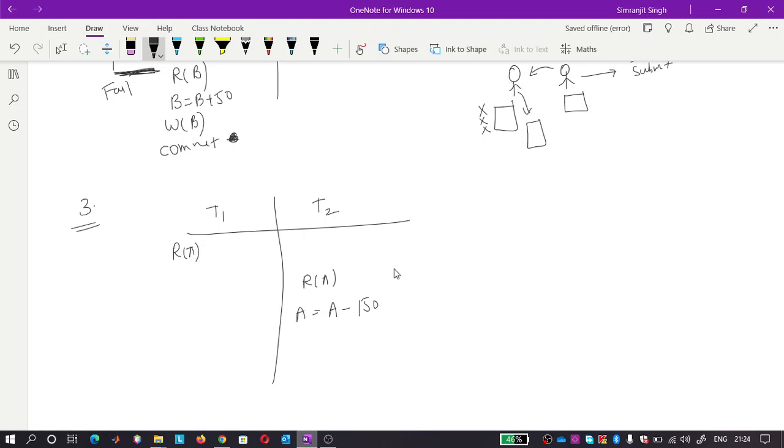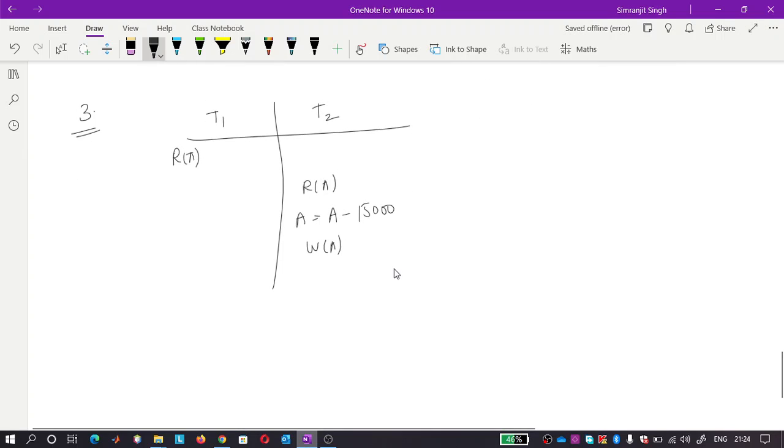Suppose you have deducted 15,000 rupees and written the value of A. And again you have read the value of A, deducted some rupees and written the value of A. Suppose I have started with 20,000 rupees, it again read the value as 20,000 and deducted it from 20,000 to 5,000. So now when this particular transaction T1 reads the value, it will be 5,000 here.